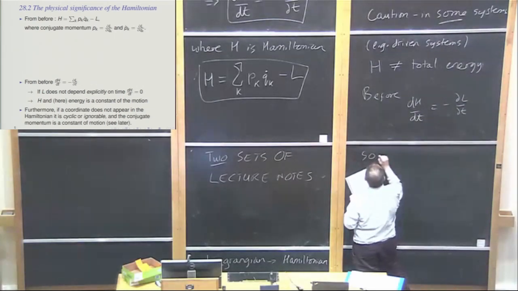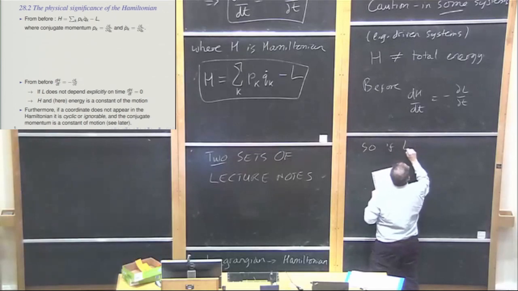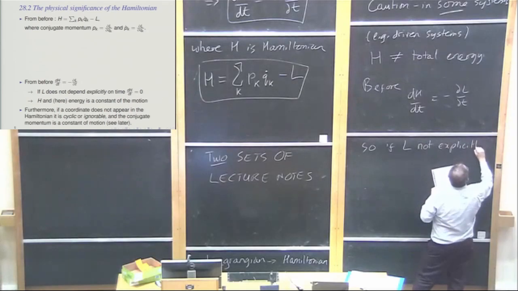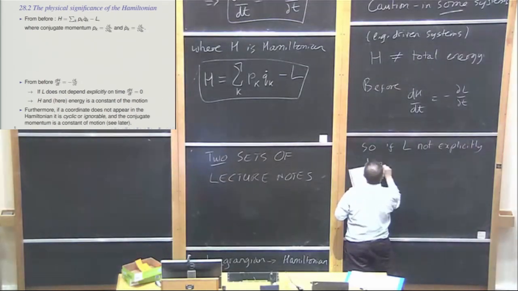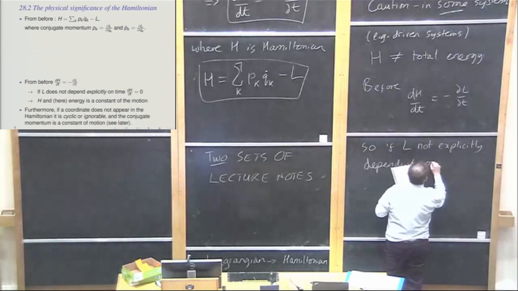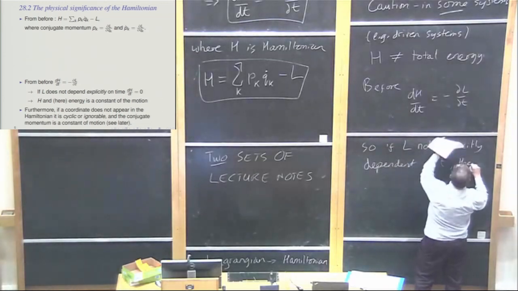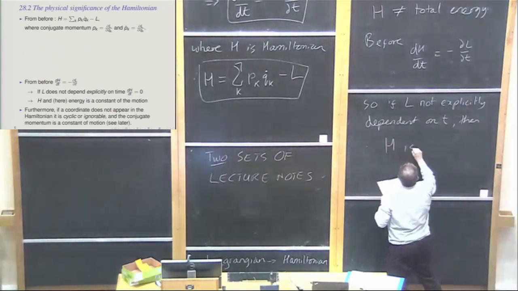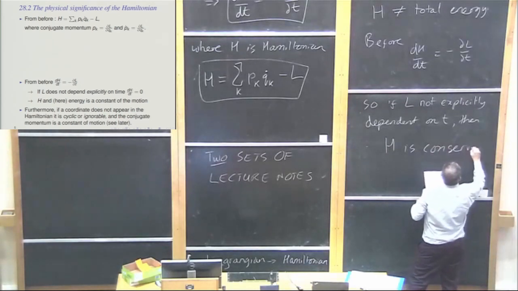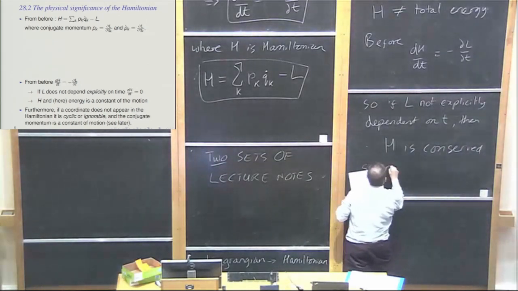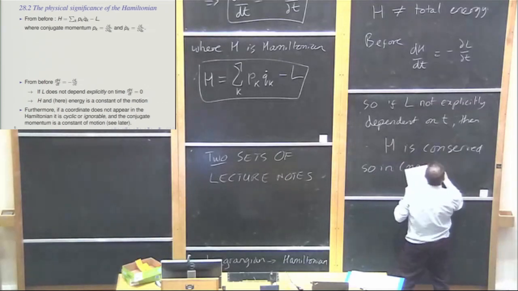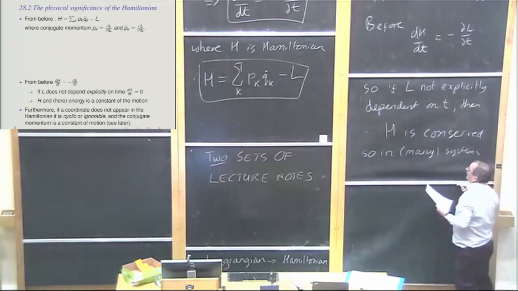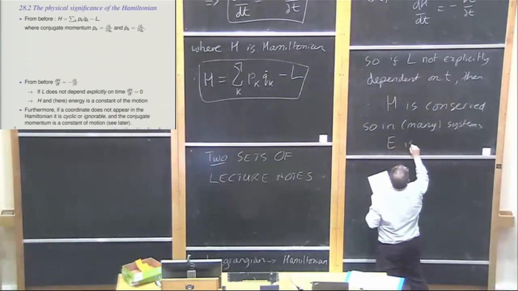So if L is not explicitly dependent on t, then H is conserved, as we said, and so in many systems, but this 'many' is supposed to capture this caveat here, then also E is conserved.